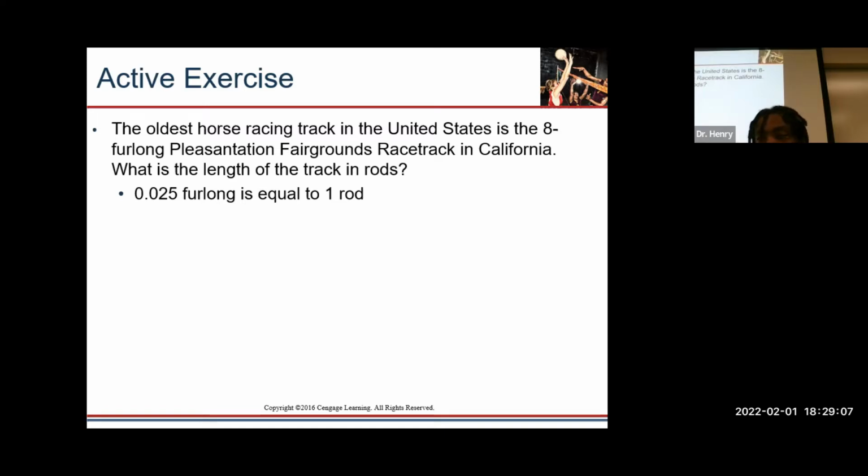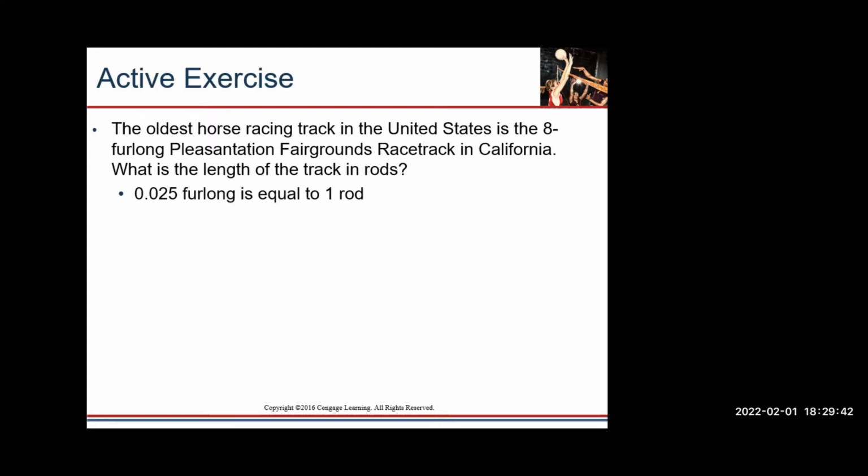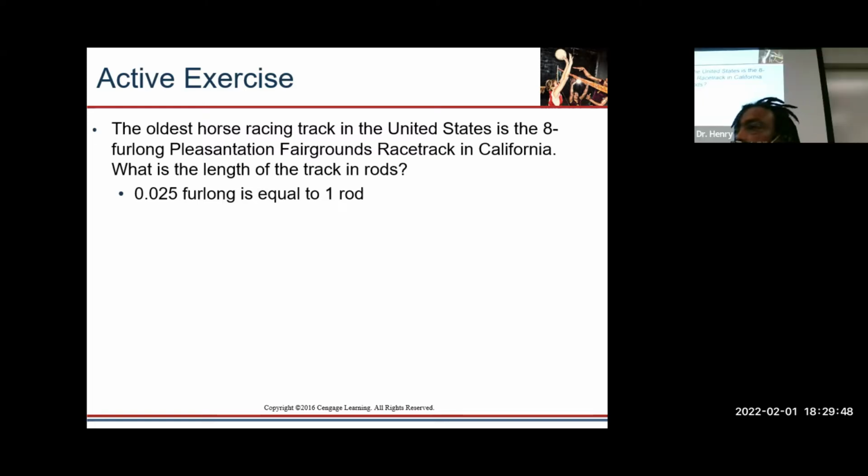What is the length of the track in rods? 0.025 furlong is equal to 1 rod. Okay, what's my given?